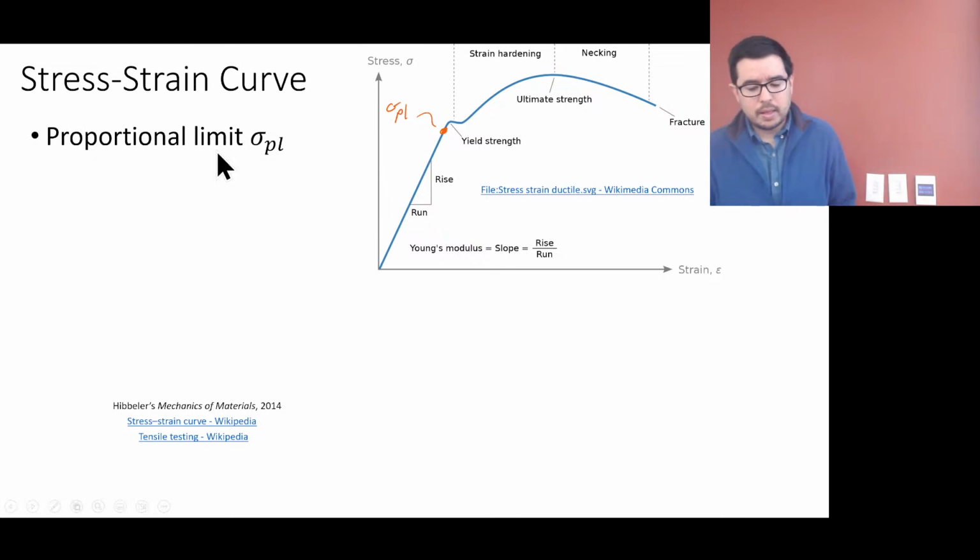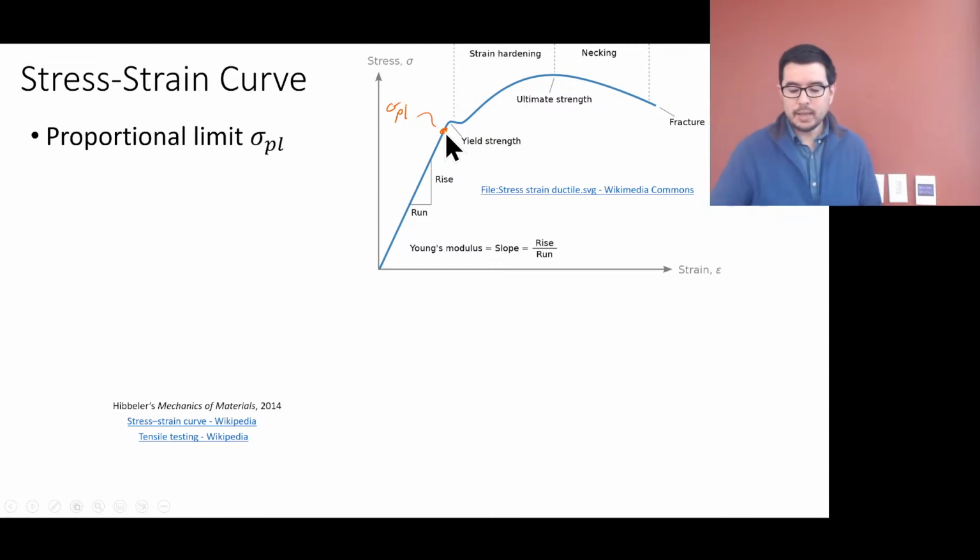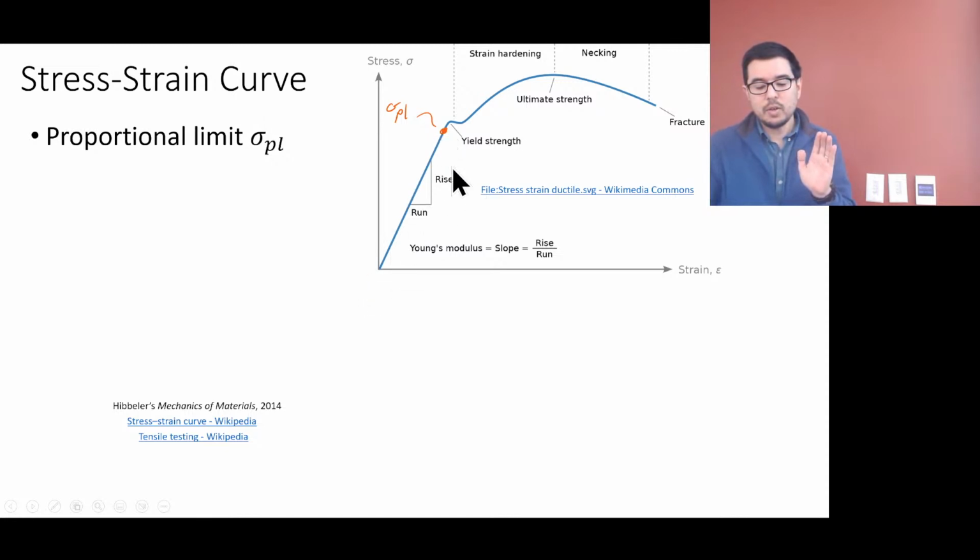Now, one point on this stress-strain curve could be the proportional limit. There are going to be a few values here at the beginning that are almost right on top of each other, and so often we don't distinguish them. But the proportional limit is a point through which I can draw a line and I have a constant of proportionality.